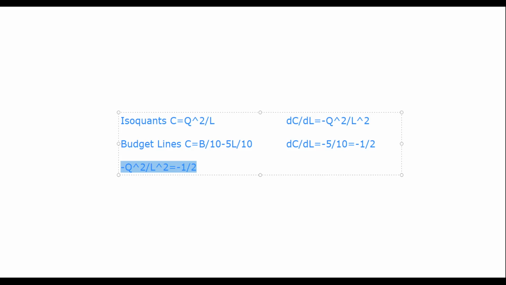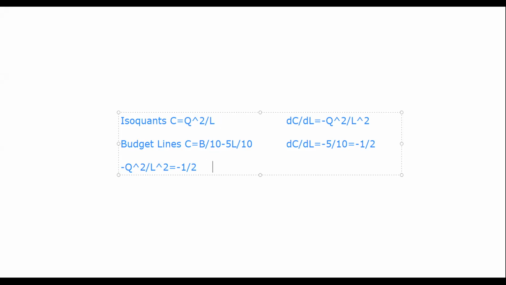Any thoughts? I got some response here on the chat, and that's pretty good. I can take this Q square because I know from my isoquant that Q square is equal to LC.